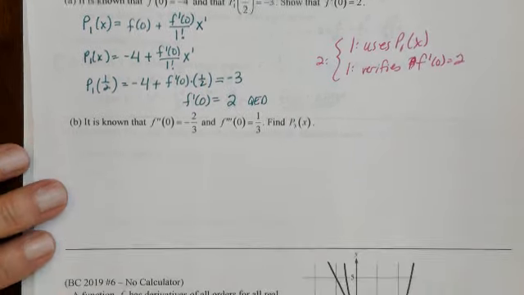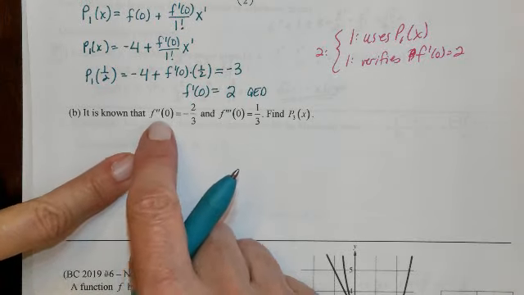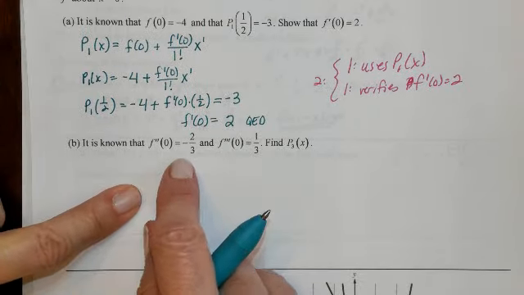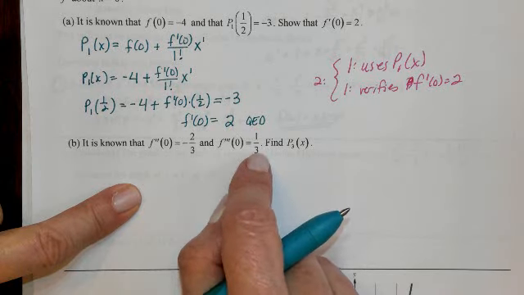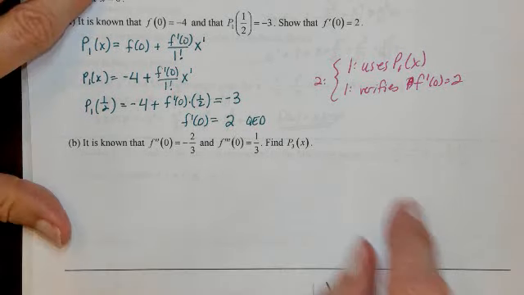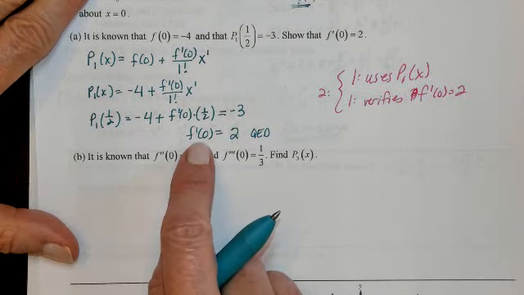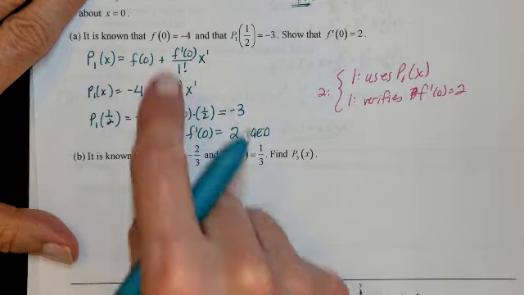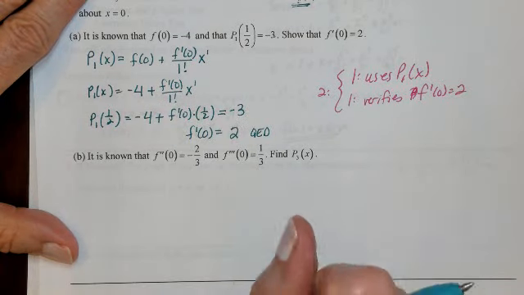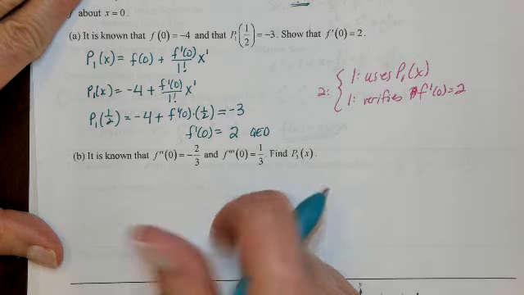Okay. Part B. It is known that f double prime of 0 is -2/3, and f triple prime of 0 is 1/3. Find the third degree Taylor polynomial. Well, now that we have the first derivative, the second derivative, the third derivative, and the function value at 0, we can easily write that third degree Taylor polynomial.